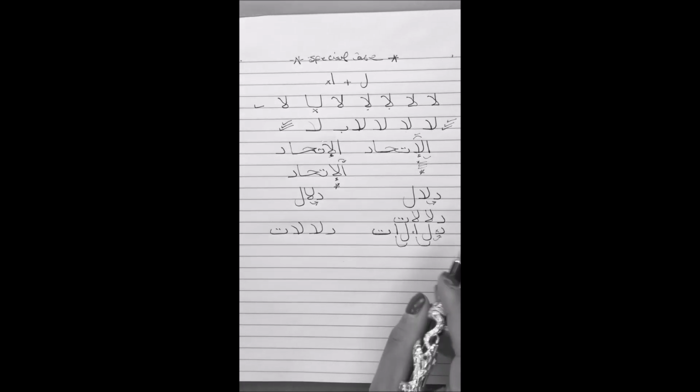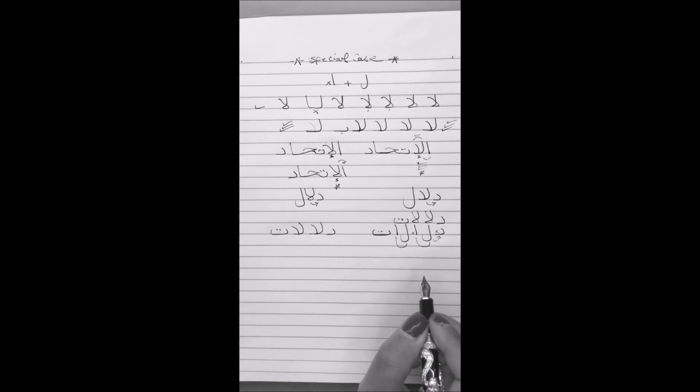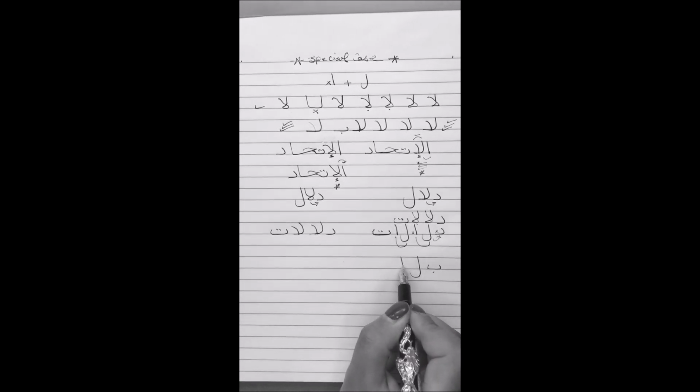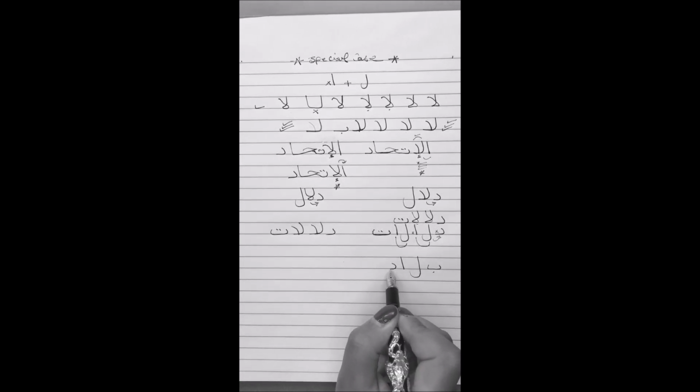So let me give you an example where you cannot use the twisted shape. Write this example with me. Ba, lam, aleph, and a dal.